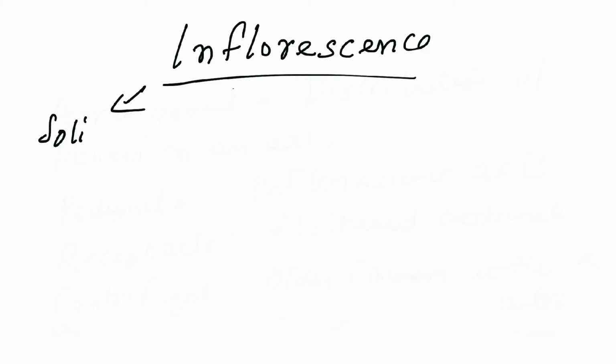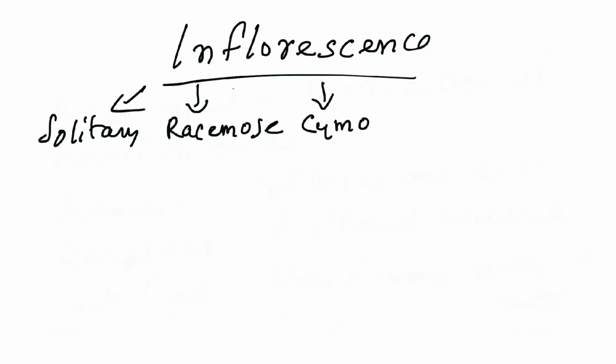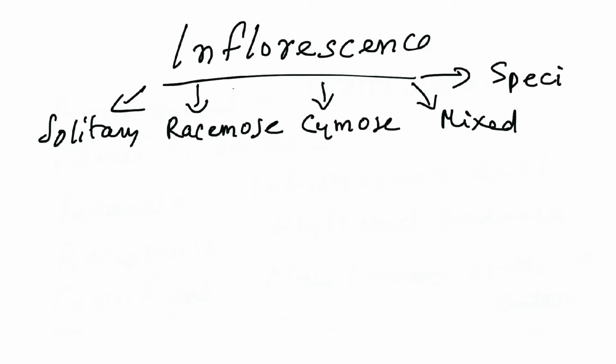So going into the finer details, inflorescence can be basically divided into solitary inflorescence, racemose inflorescence, cymose, mixed case, and the last case, which can be called the special kinds of inflorescence.